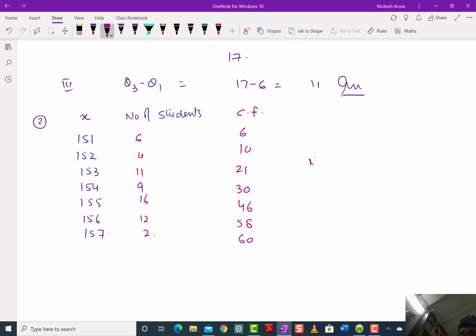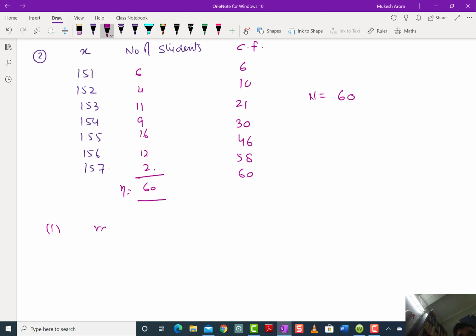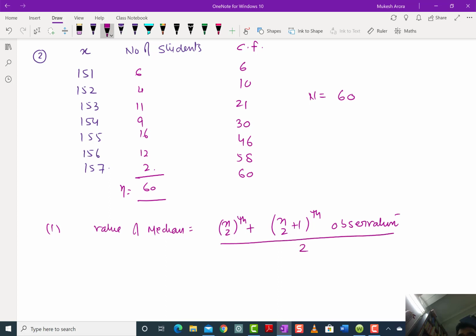So n is 60. The first is the median. Value of median is equal to the average of the (n by 2)th and (n by 2 plus 1)th observations. 60 by 2 is the 30th, plus the 31st, divided by 2.